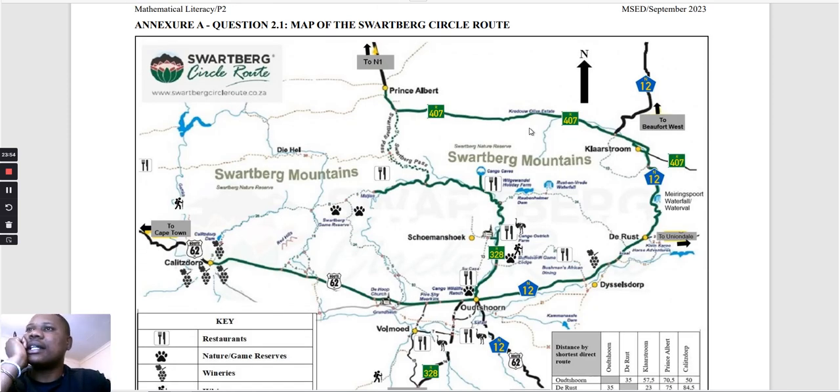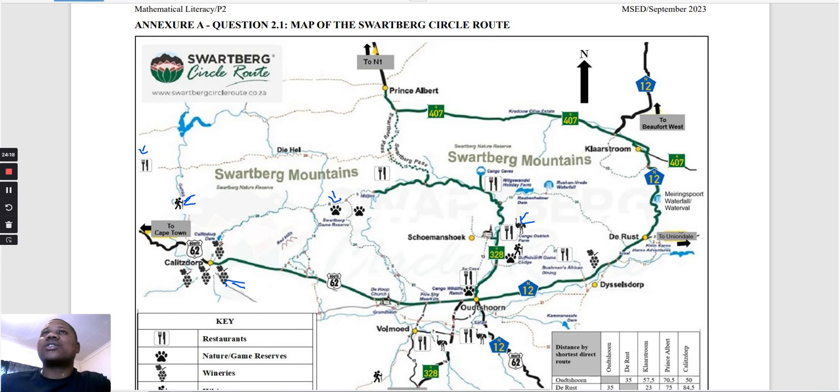We can see those keys again along the map here. We can see the restaurants, the nature game reserve, the hiking, the ostrich. So those are the 4 keys, and the last one is the wineries here.